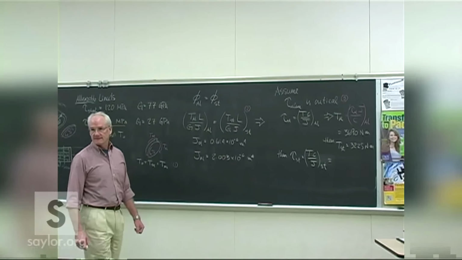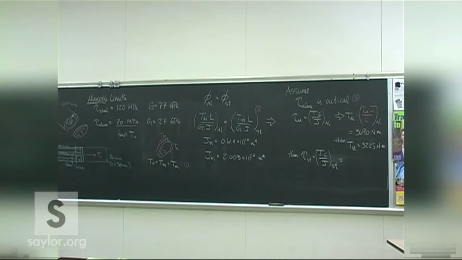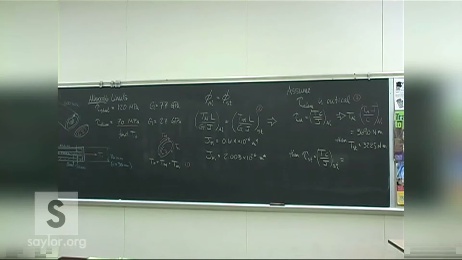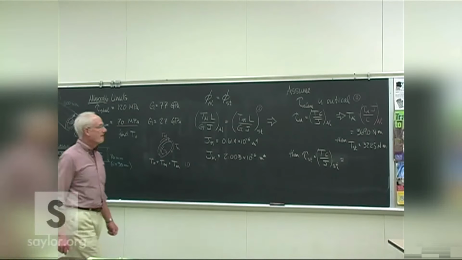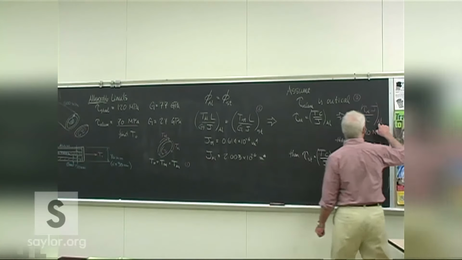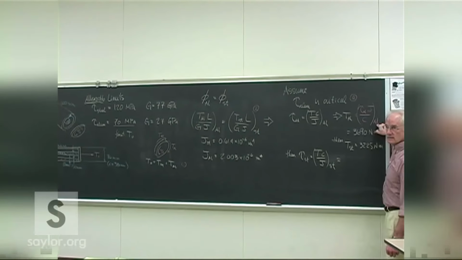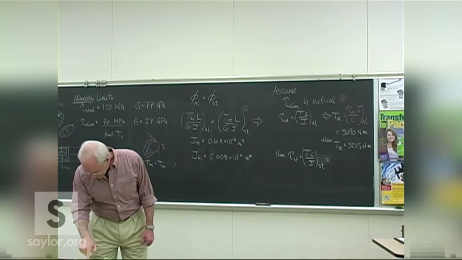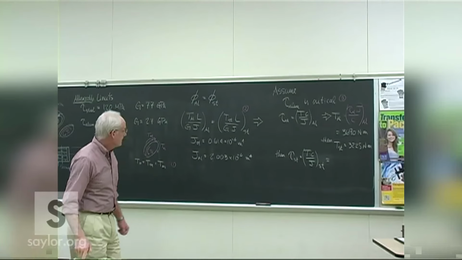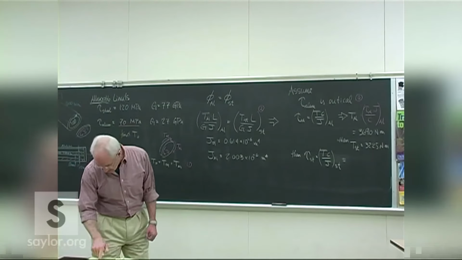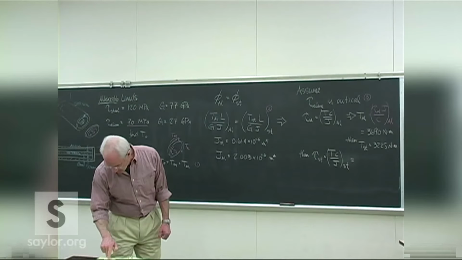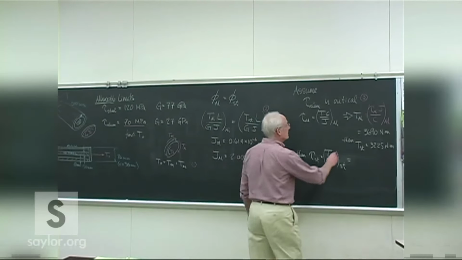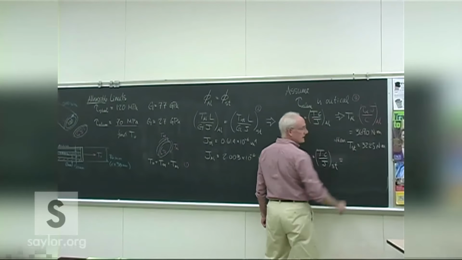Did you use J steel to get the 3690? No, that's aluminum. Aluminum is 2.0. I used the right numbers in here.